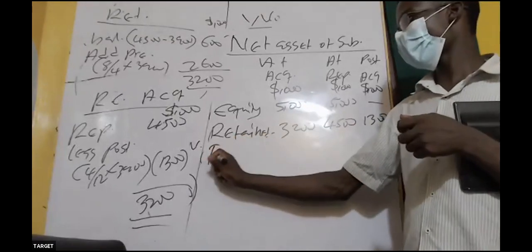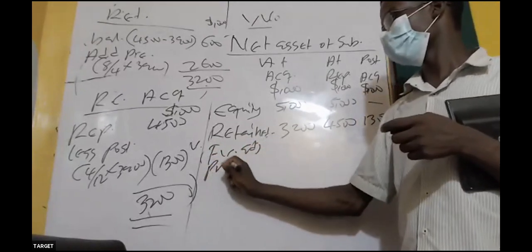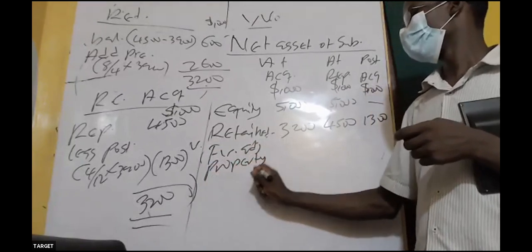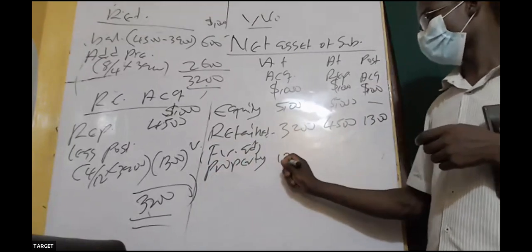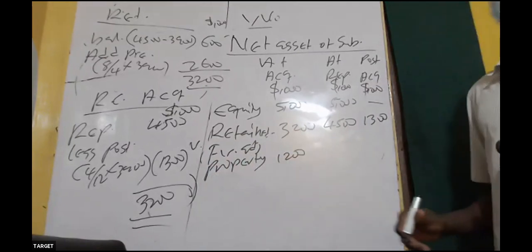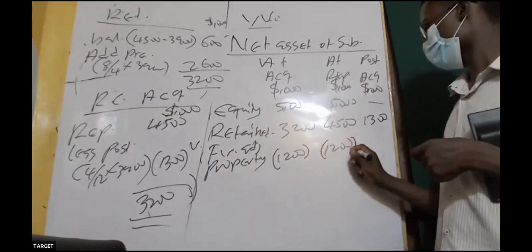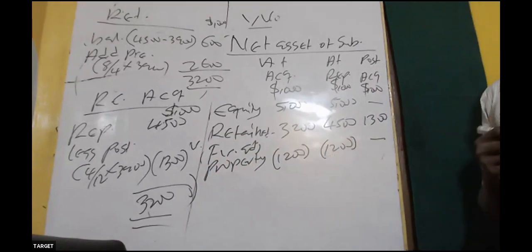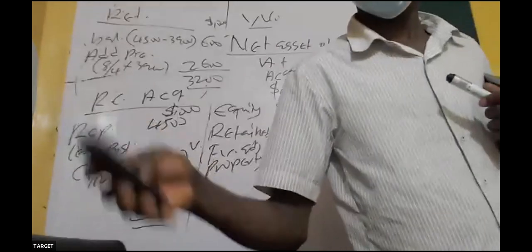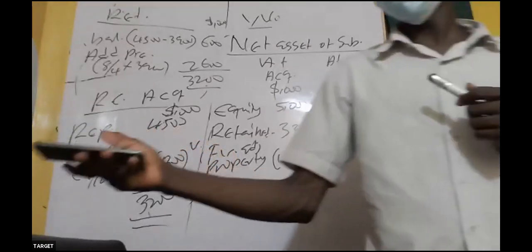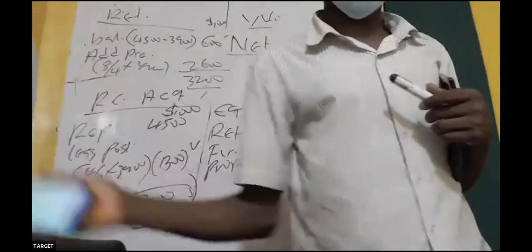So go through treatment. Below means it's a fair value loss. So right here, fair value adjustment, and right here, property. So when you write here property, just put 1,200 here, so 1.2, right? Below means loss, so put in brackets. Here will be dash. Okay, so that is that.